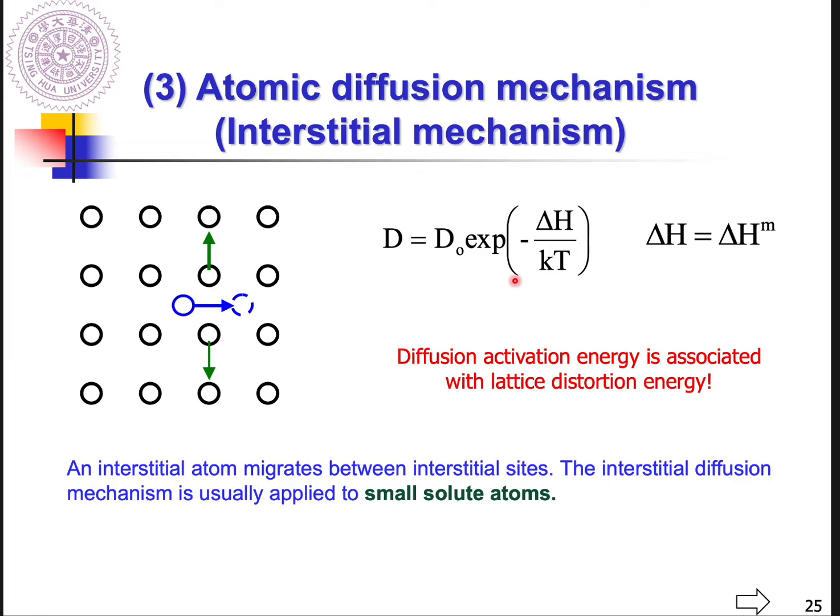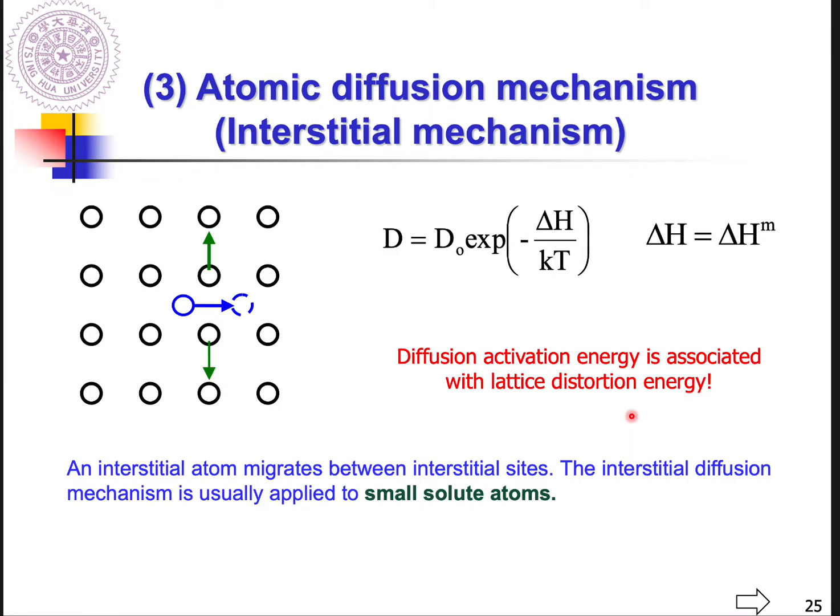Diffusivity is a function of an exponential term, and we think that the energy term only involves the migration energy of these interstitial atoms. And also because the diffusing atom is small, you can expect the lattice distortion to be lower compared to the vacancy-mediated one.